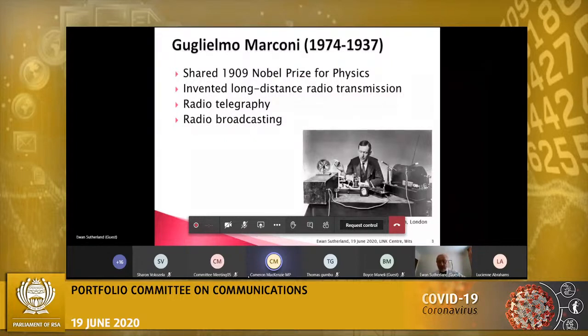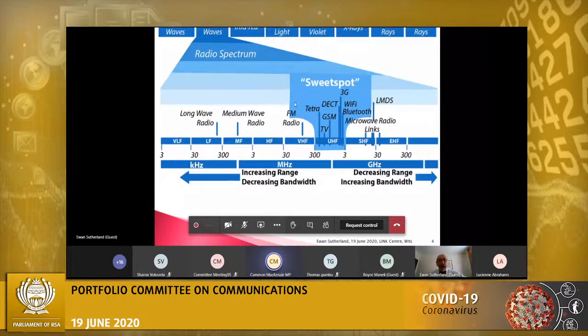So this is old technology. It's been around for a long time, but it has been advancing fairly rapidly. There are a whole range of chunks of spectrum used for different purposes. They have different transmission properties, different physical properties.